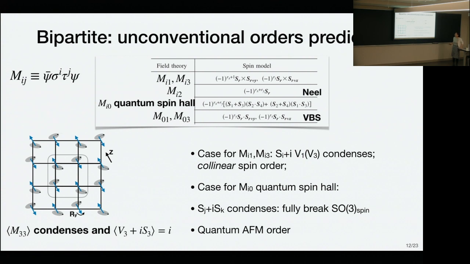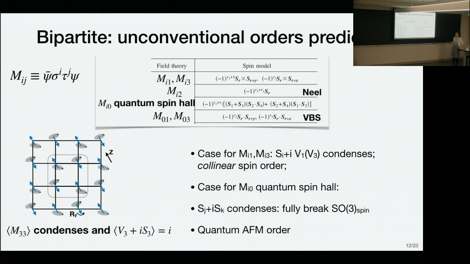For example, if a mixed mass, having both spin indices and valley indices, is generated, and a monopole that involves both the spin triplet and the valley triplet condenses, we draw schematically here the ordered state. It's a collinear spin order because the spin rotation along the I direction, where I is the spin index for the mass generated, is still preserved.